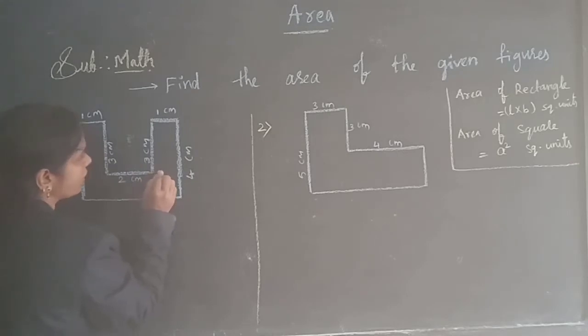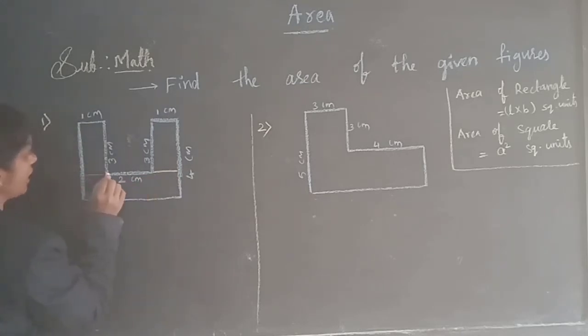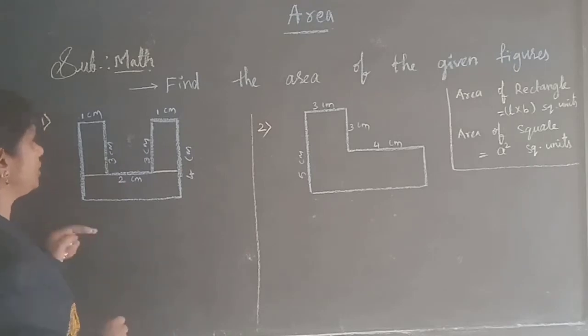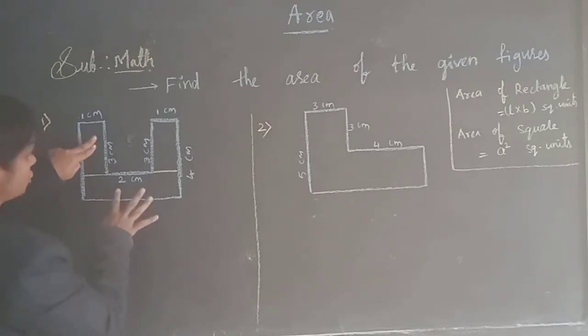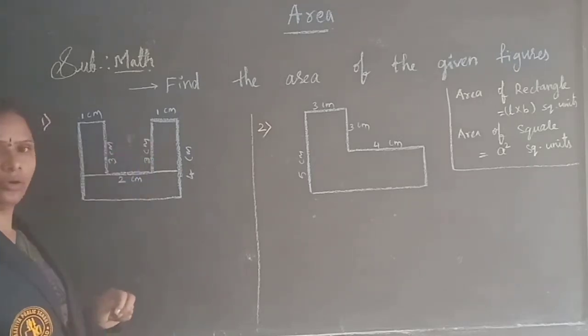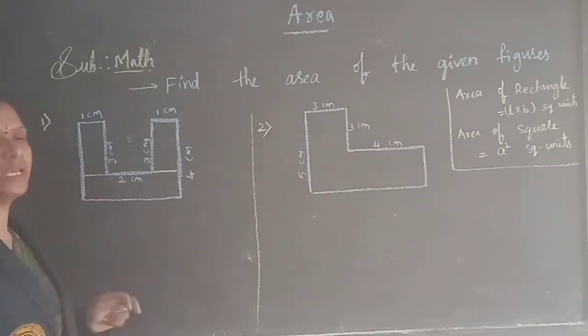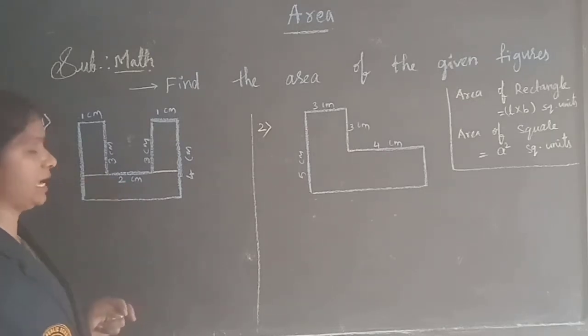When I draw one imaginary line here, children, with a different color, the dark color, and close here, I can find three rectangles: 1, 2, 3. It means the given shape is a combination of three rectangles.